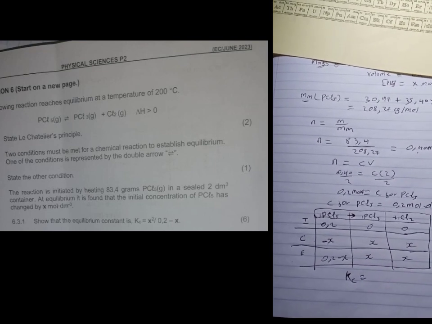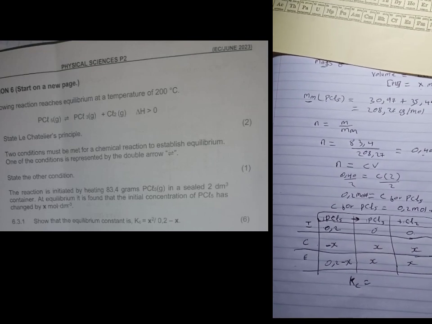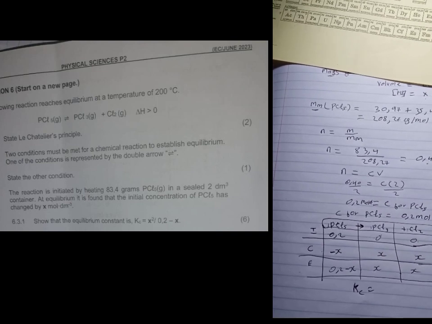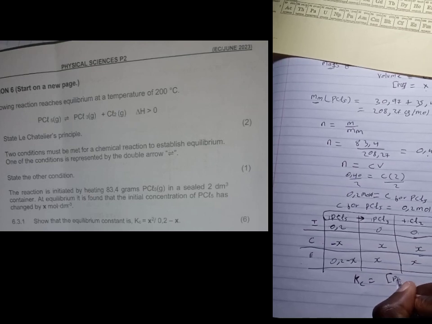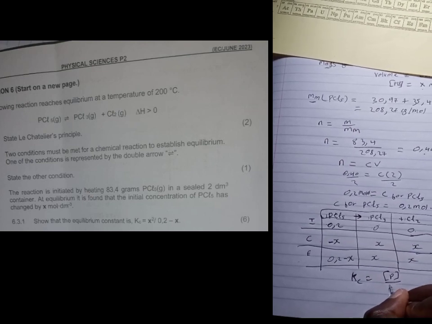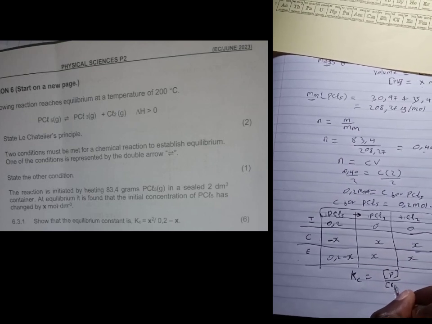Now the question asked for the equilibrium constant, which is Kc. The formula for calculating Kc is product over reactant.